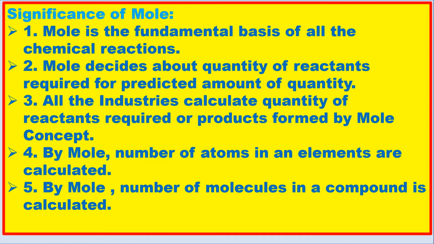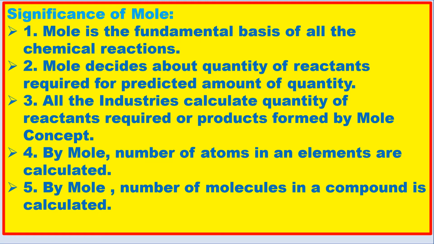So the points are, the mole is the fundamental basis of all the chemical reactions. It means that when we are balancing a reaction and writing a balanced reaction, it gives us the information about the number of moles. If we know the number of moles, we can calculate the number of molecules or the number of atoms. The second part is, the mole decides about the quantity of reactants required for a predicted amount of the product.